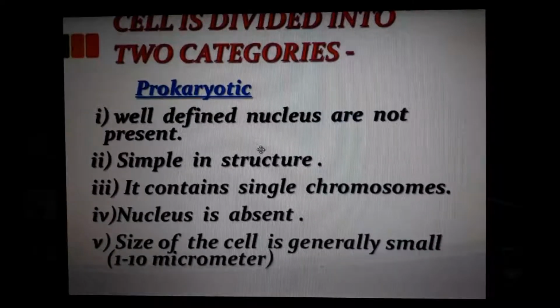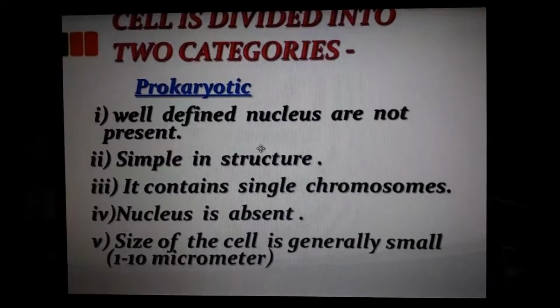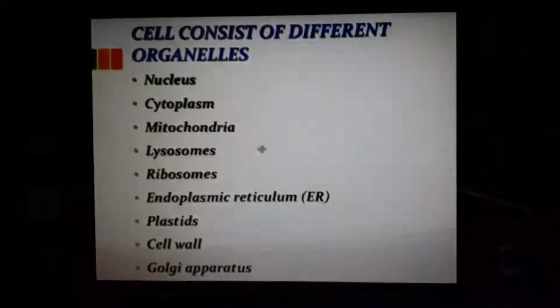Size of this cell is generally small. This is in micrometers. Micrometer means 10 raised to minus 6 meter. See, it is very small, or not? Only 1 to 10 micrometers. That means very small. We cannot see it with the naked eye.